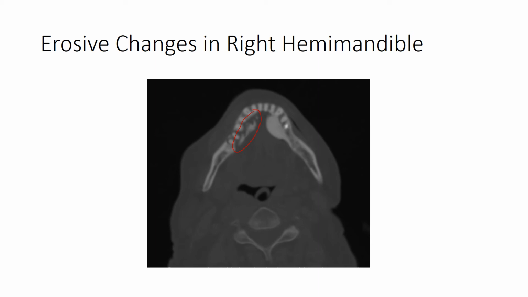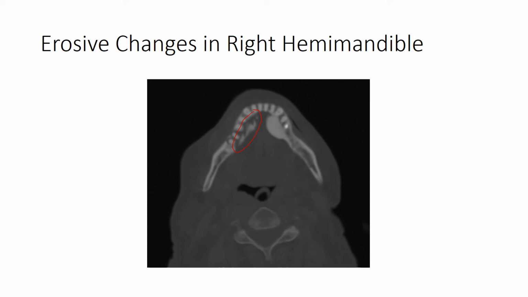Now, when you see this type of erosion and aggressive features, again, it's still nonspecific, but it does imply an aggressive process. So could this be metastatic disease from the patient's squamous cell cancer? Yes. Could it be osteomyelitis? Yes. If the patient received radiation to the head and neck, this could be radiation-induced osteonecrosis.